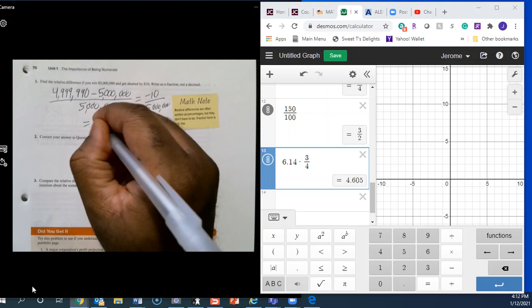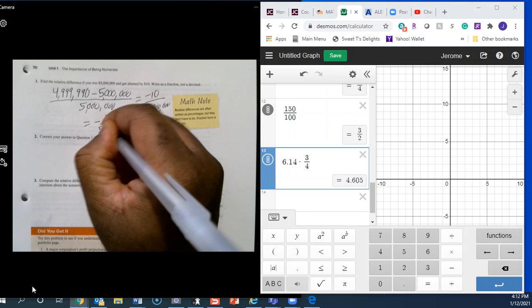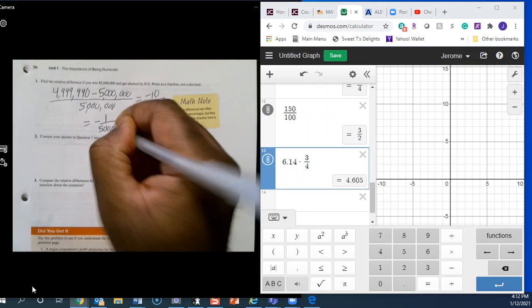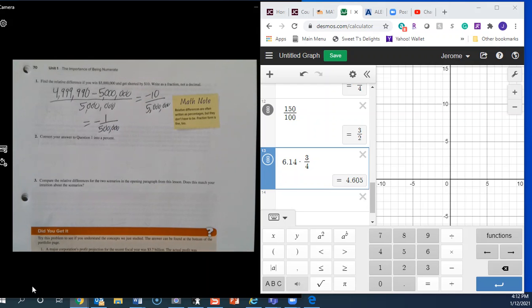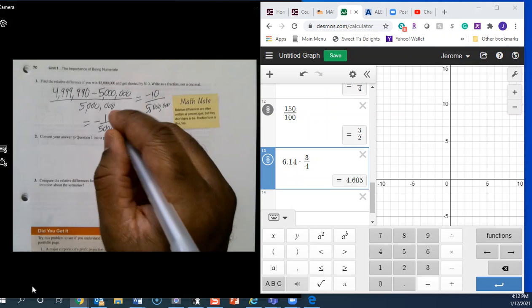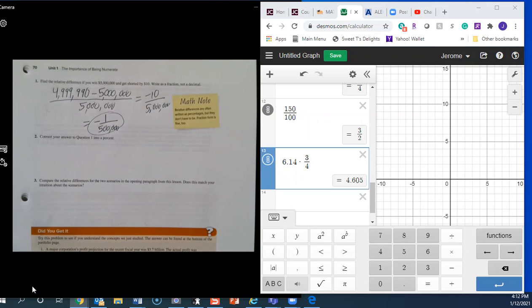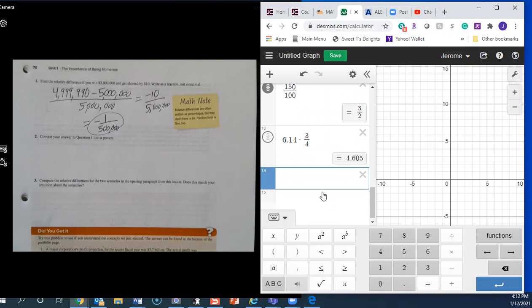So this would give us a negative 1 over 500,000. Now, when you look at this, it says write as a fraction, not as a decimal. We're done here. Now, it asks us to convert this answer to question 1 into a percentage.